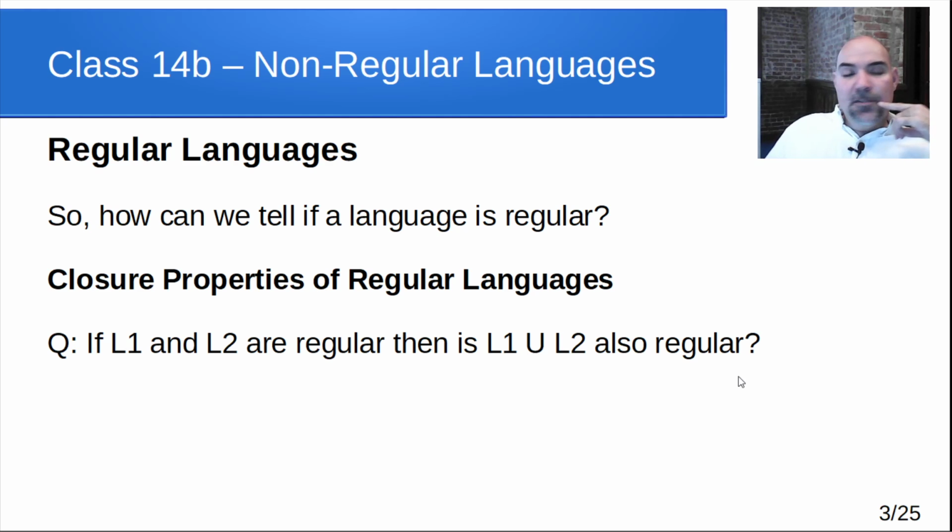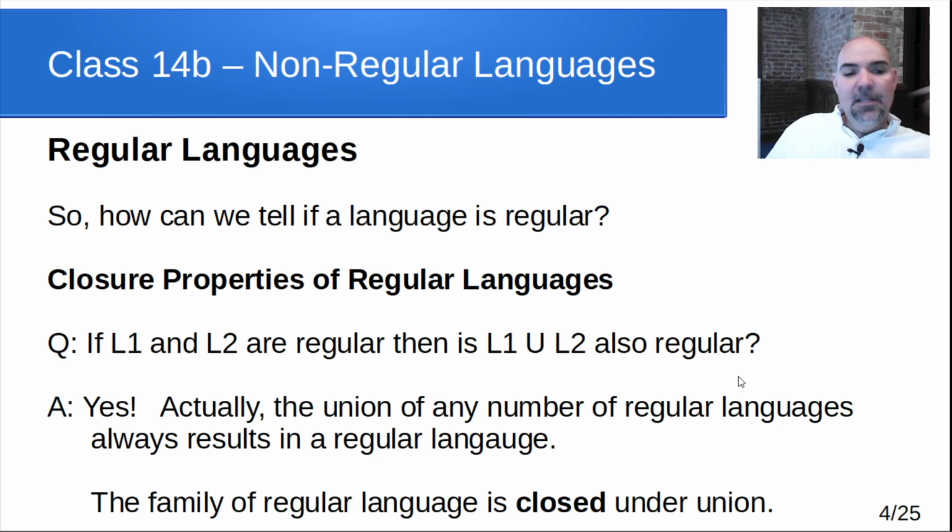So we union those together, is that also regular? And the answer is yes. And actually, it goes beyond that. The union of any number of regular languages is always going to result in a regular language. And that is a closure property of regular languages. In other words, the family of regular languages is closed under union.